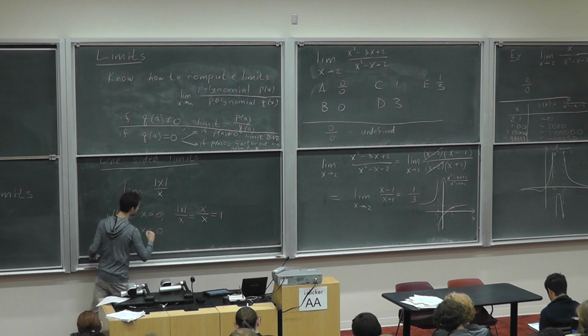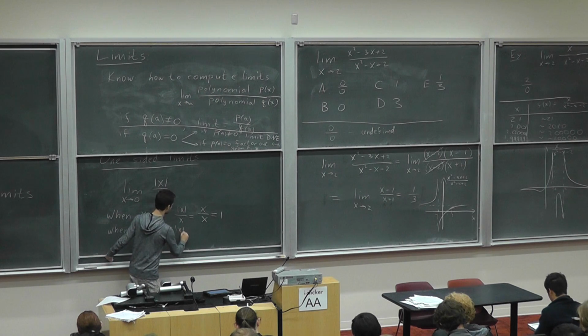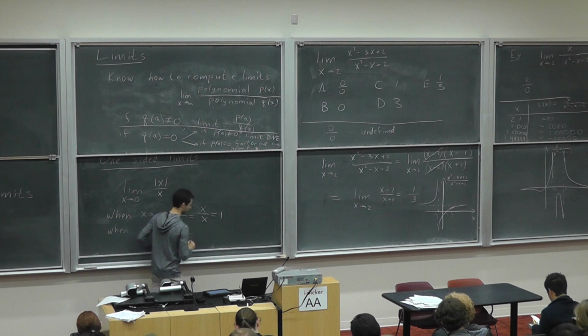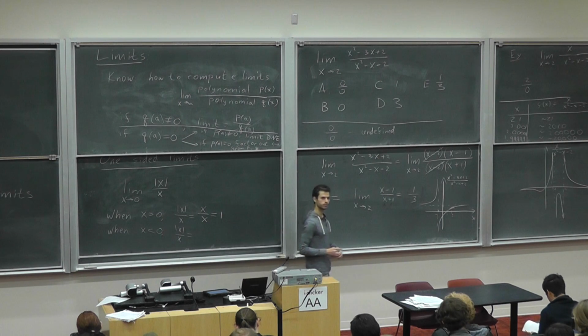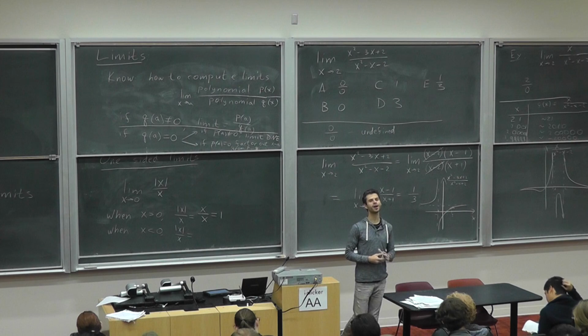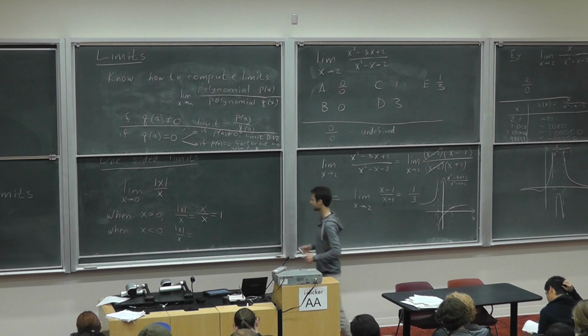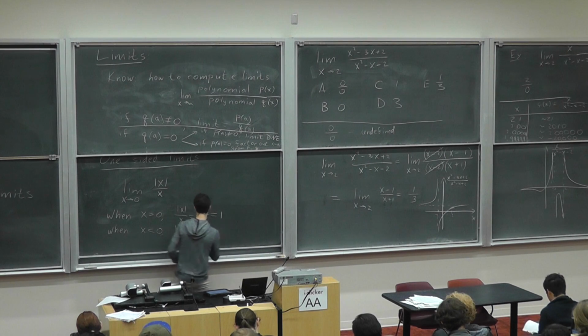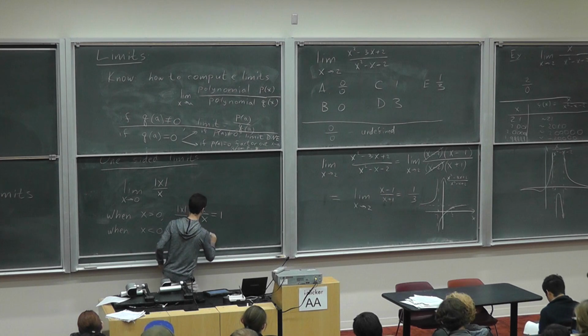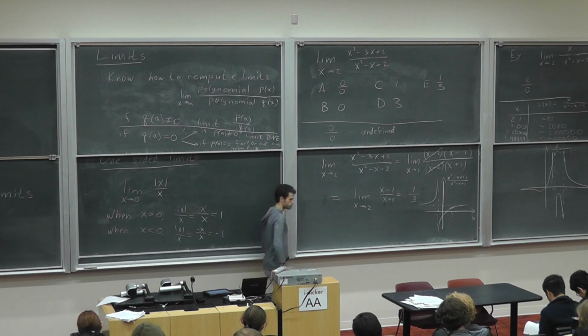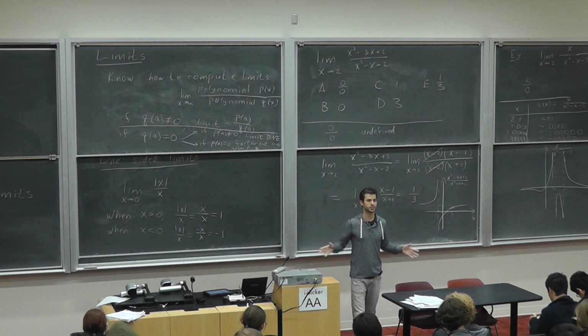When x is negative, what happens to absolute value of x over x? This might be a little bit more tricky. Negative 1, right. So think about something like -5.